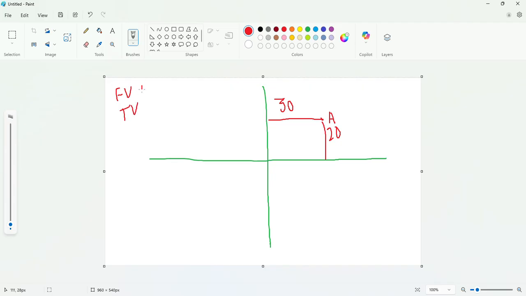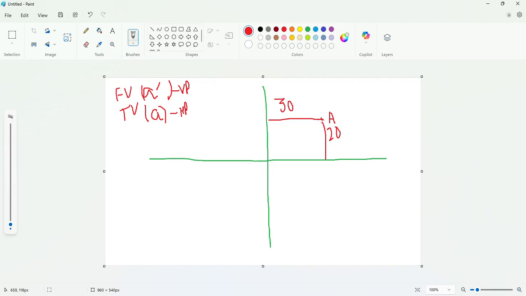Front view is denoted by a small letter. Here the point is A, so we will use small a with a dash, and for top view just small a. So front view is represented by a dash, top view is represented by a. Front view always lies in VP or appears on VP, top view always appears on HP.